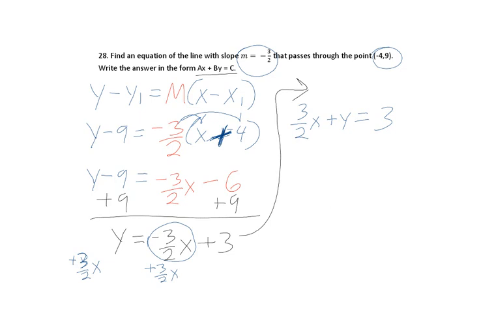The easiest way to get rid of the fraction is to multiply by whatever's in the bottom. So I see a 2 on the bottom, so I'm going to multiply by 2, which is fine as long as I multiply everybody by 2. 2 times 3 is 6, but 6 divided by 2 is back to 3, so 3x. 2y is 2y. 3 times 2 is 6. That's the form that the question is asking for.